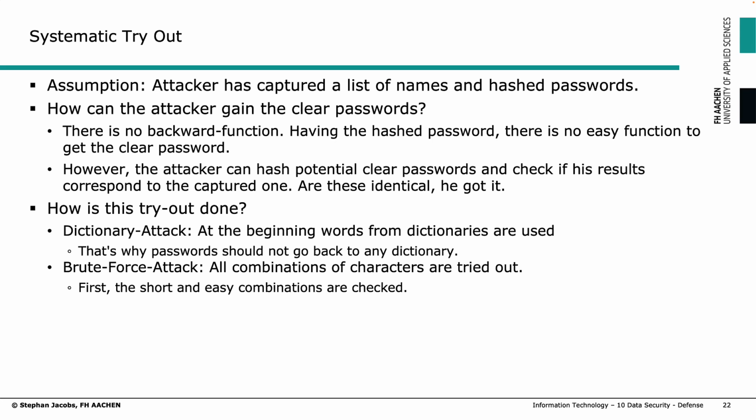Now, how can the attacker gain the clear passwords? There is no backward function. That means once you have the hashed password, there is no easy way to get a clear password again. However, the attacker can hash potential clear passwords and check if these results correspond to the captured ones. Are these identical? He got it.